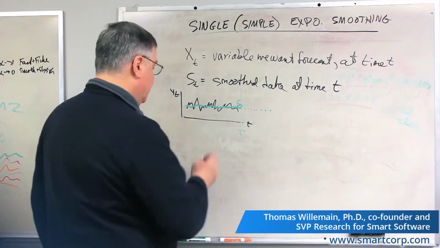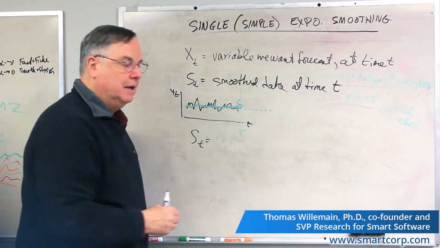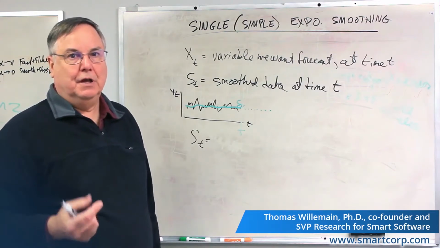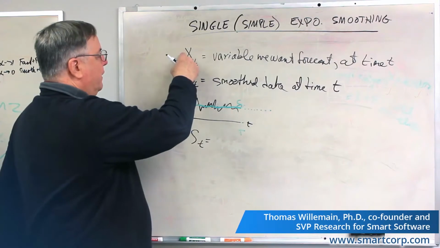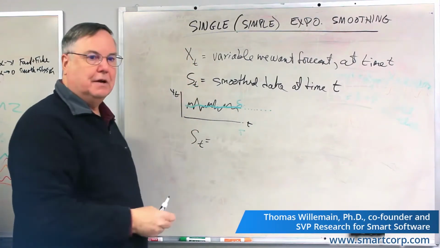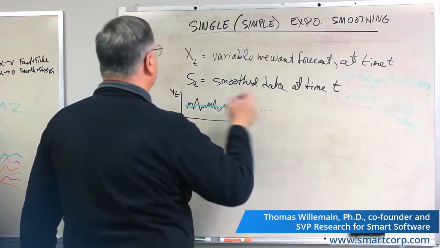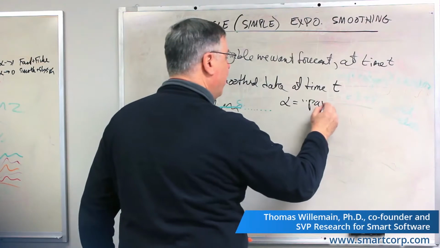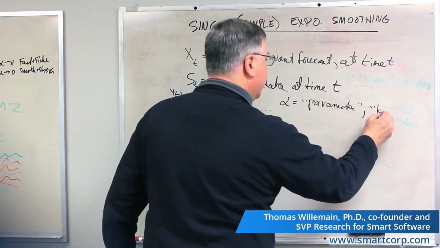So the way this equation works is S of t, there are a couple of ways this can be computed, and I'll show you two. We could say it's a weighted sum of the current value and the previous idea of where the middle was. So let's say alpha is a parameter, which is also perhaps called a knob.